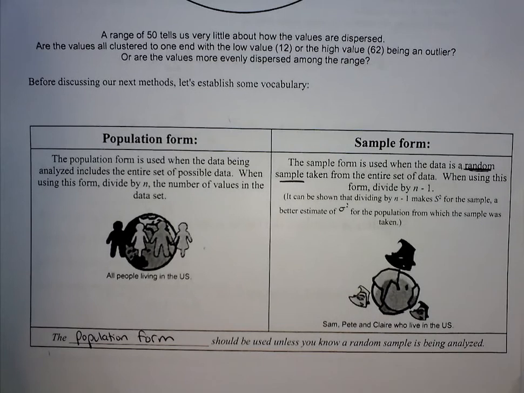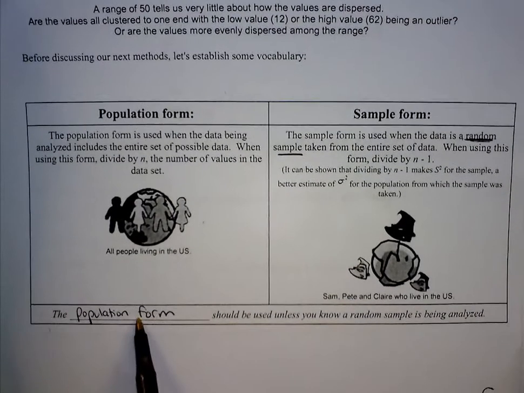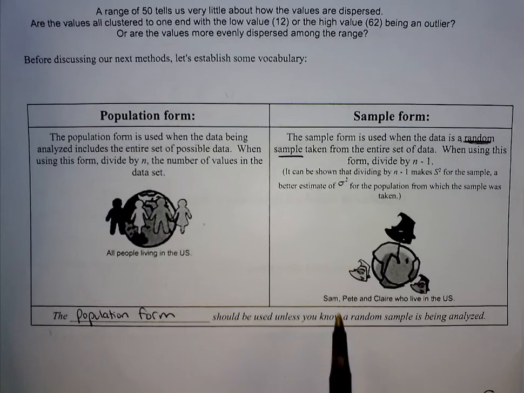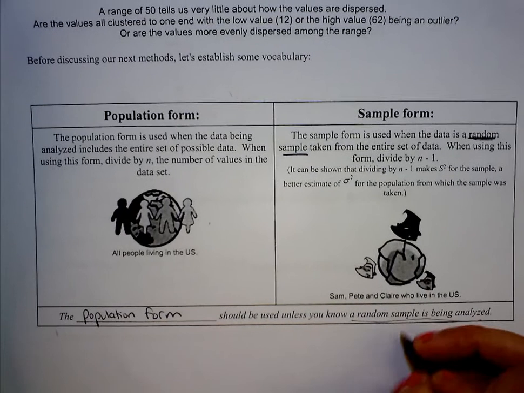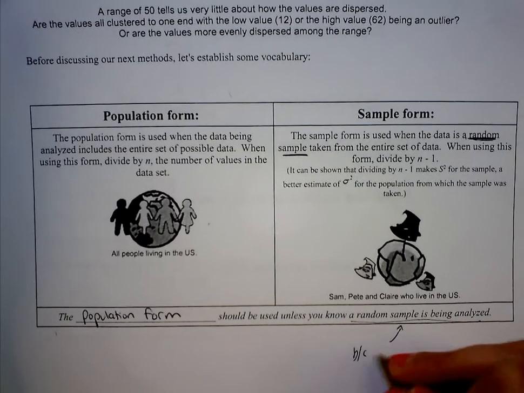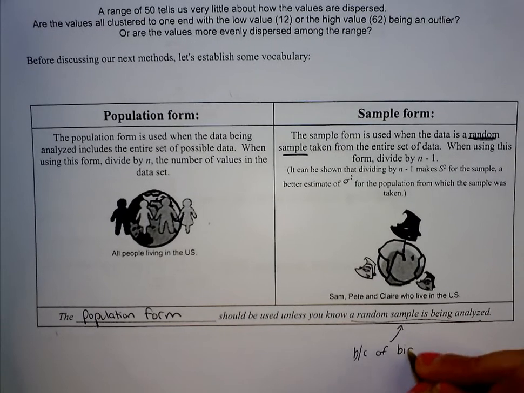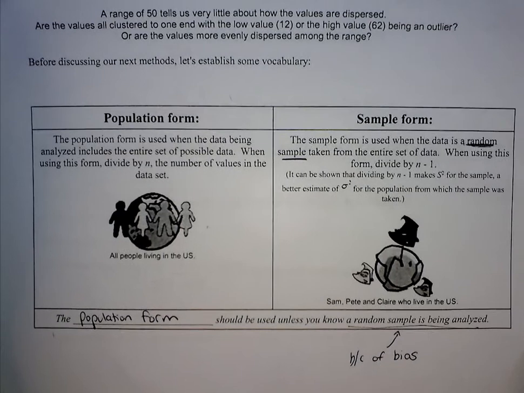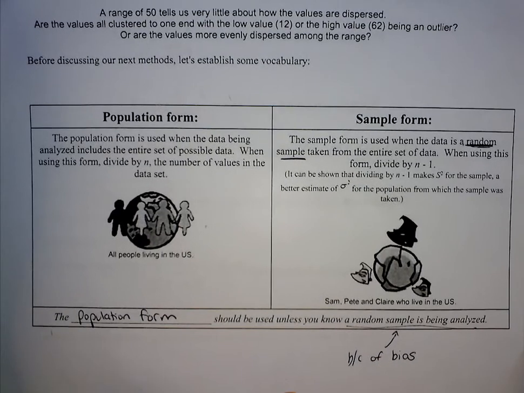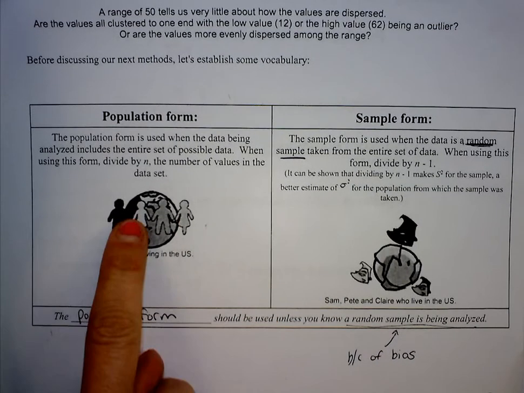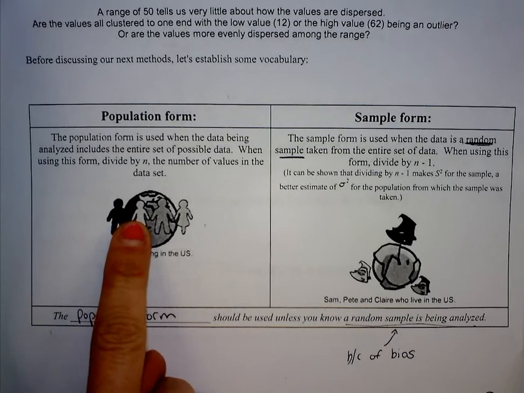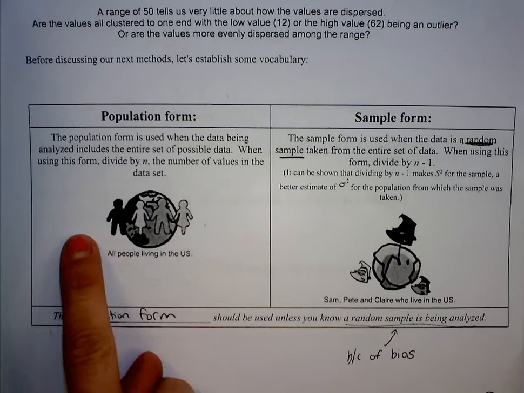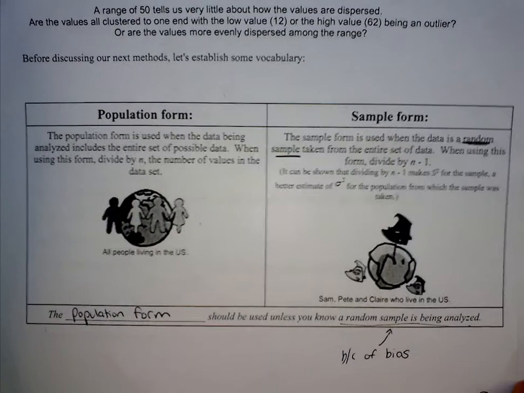All right, population form should be used unless you know a random sample is being analyzed, and this is because of biases. Obviously, it would be ideal in every study to have the entire population, but in a lot of studies, you can't survey the entire population, so you have to go with a sample. All right.